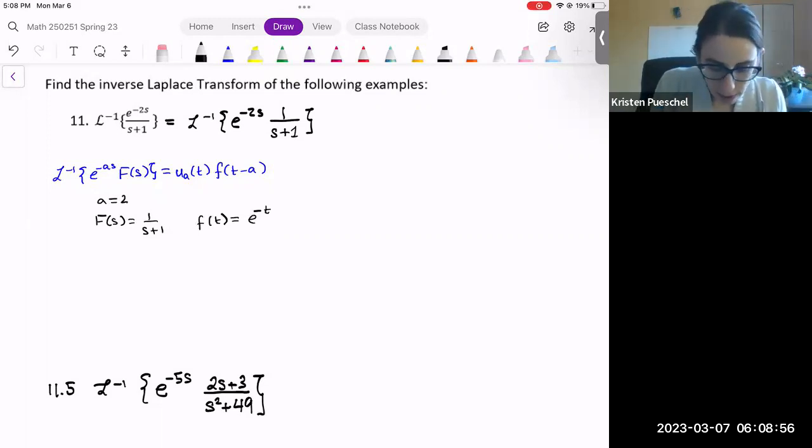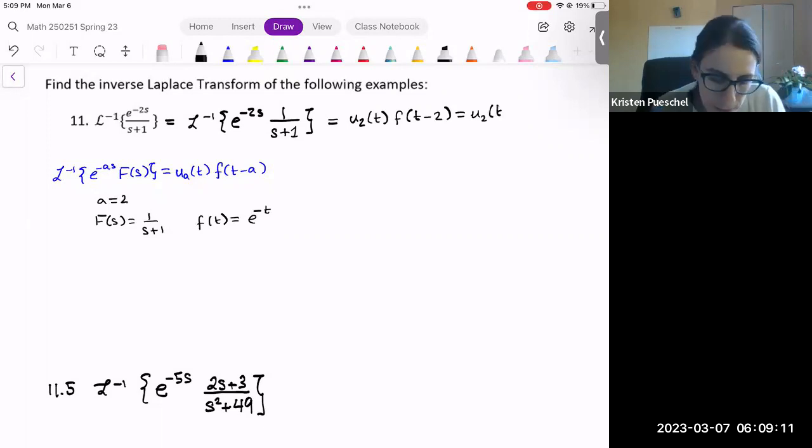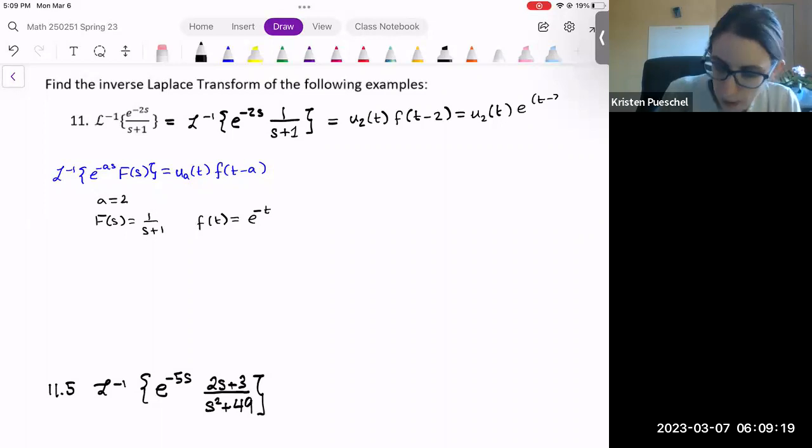And so our formula says that this is going to be equal to u_2 of t times f of t minus 2. And so that means every time I see a t in this e to the negative t, I'm going to just write a t minus 2 using parentheses. Okay. So this gives us u_2 of t, e to the negative (t minus 2).